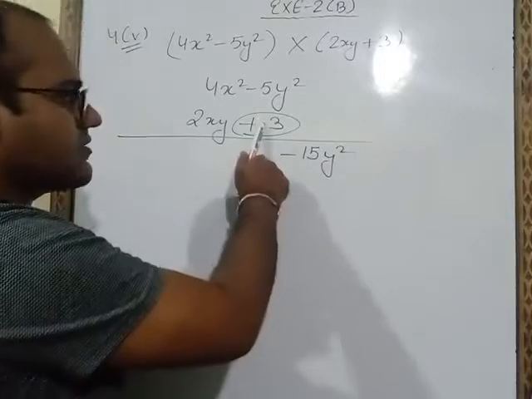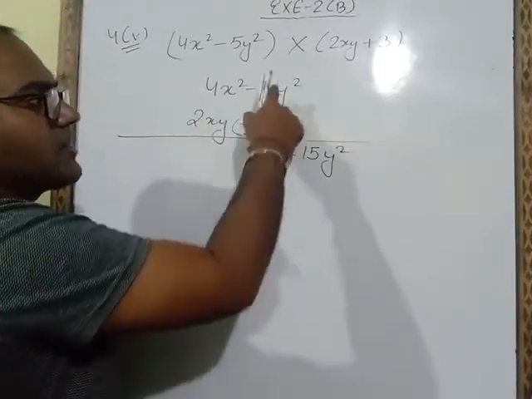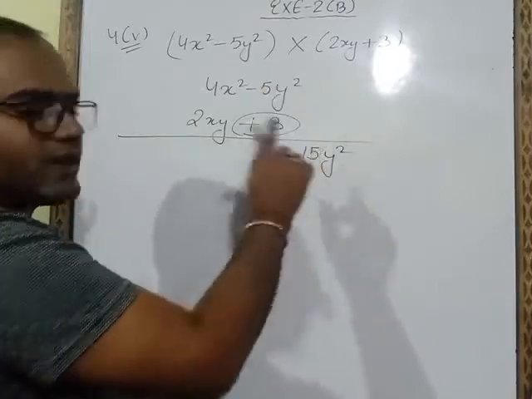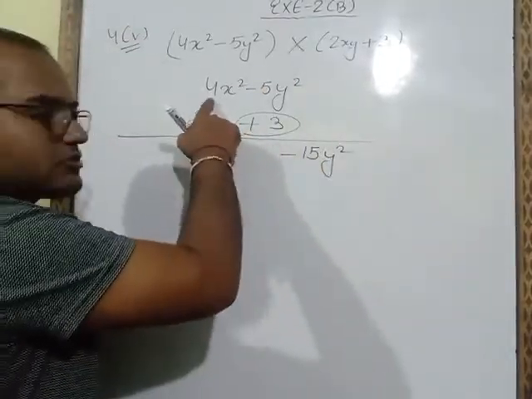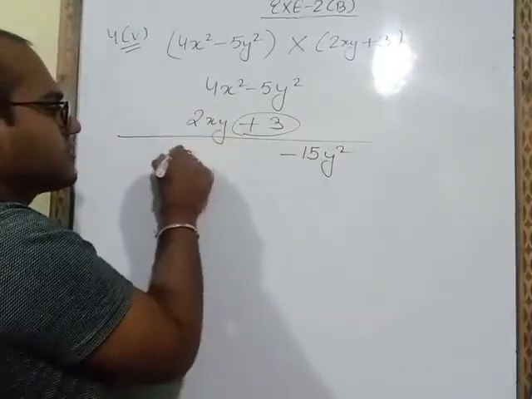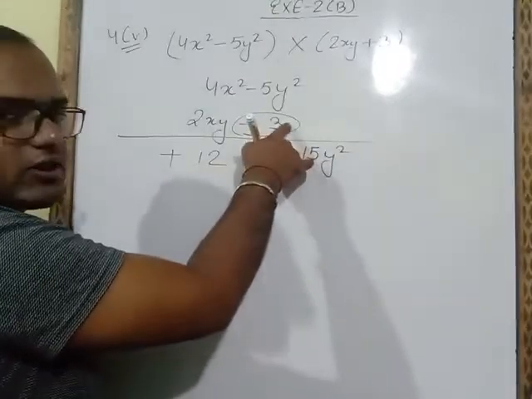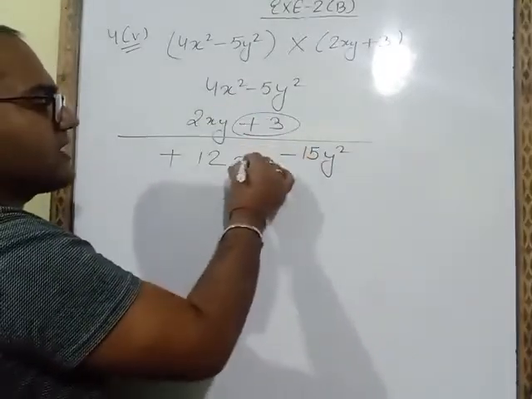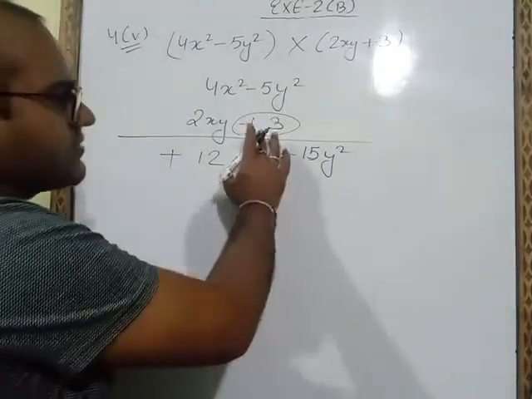Now this plus 3 we have to multiply with this term also. Plus 3 multiplied with 5y square we are done, and we have written the answer here. Now plus 3 multiplied with 4x square. First of all we have to multiply the sign. Plus plus, plus. 3 4s are 12. The alphabet is not given here, but here the alphabet is there. That alphabet we will write as it is. Now this plus 3 work is over.